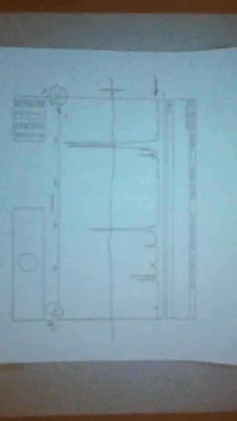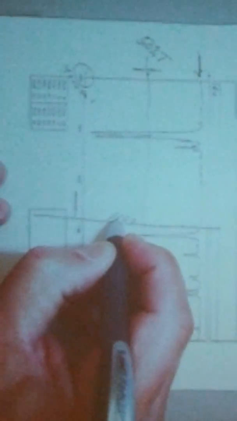Now I'm going to draw a vertical line also, at 1600 reciprocal centimeters. So in essence, the whole spectrum now is cut up into 4 quadrants.